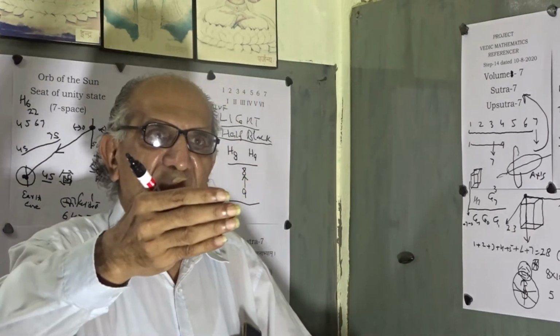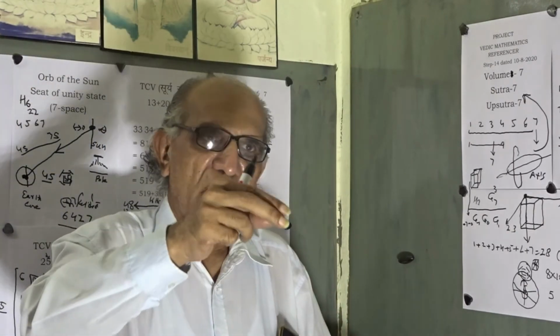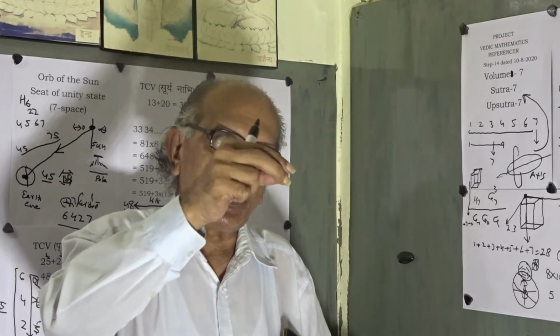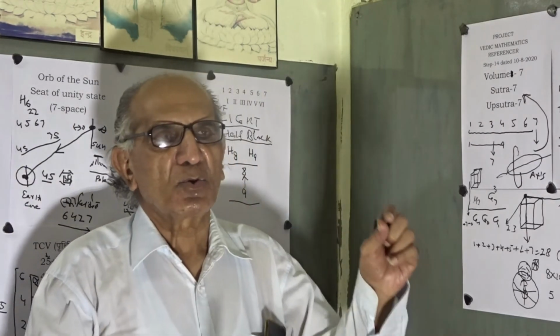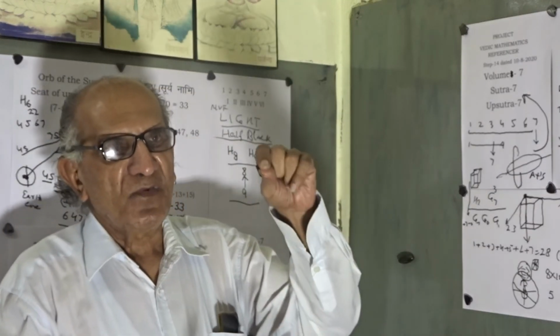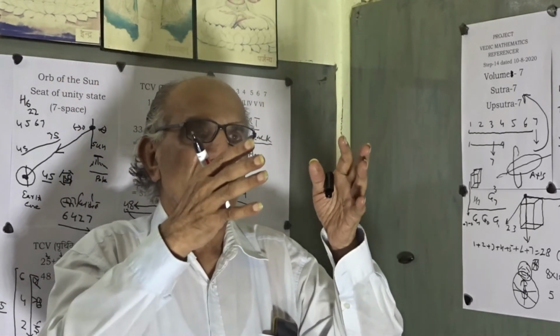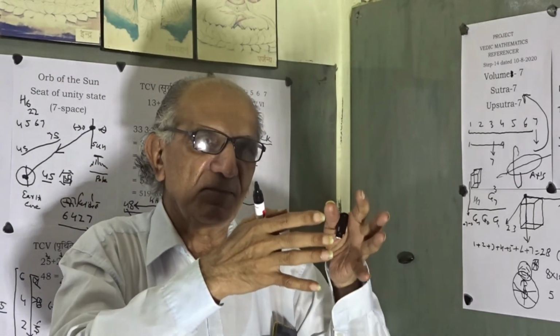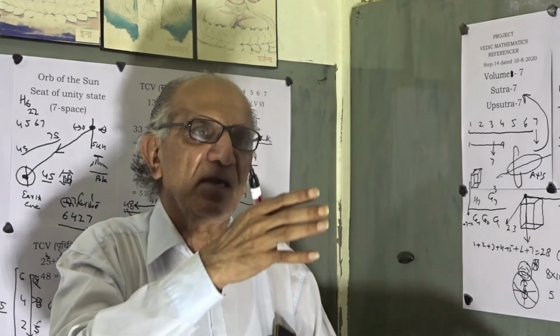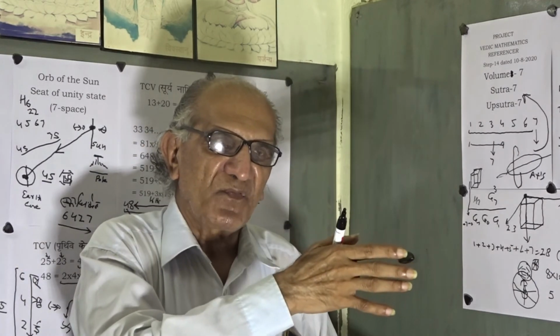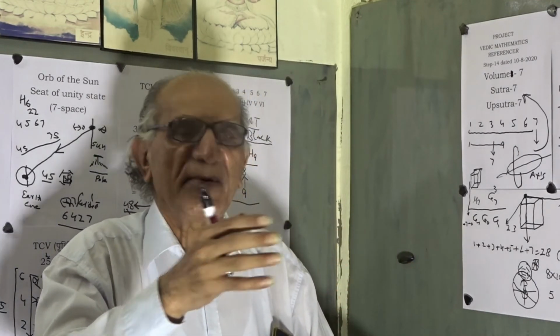So black matter flows from orb of the sun through the domain of the sun, means through the 6 space domain, which is framed within a dimensional frame of 6 creative dimensions.